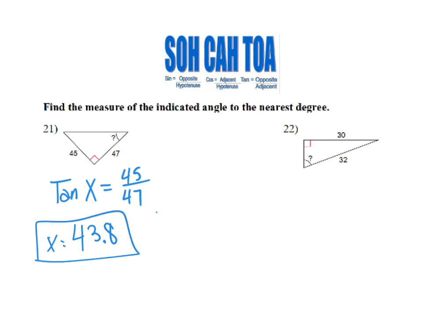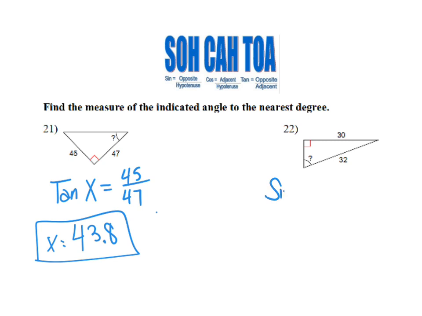Okay, so let's look at this next one. I'm looking for the angle again. So from that angle, I'm trying to decide which sides I'm dealing with. Let's see, there's your right angle, so there's your hypotenuse, that's one of the sides, and 30 is opposite of the angle. So I've got opposite and I've got a hypotenuse. That's sine.